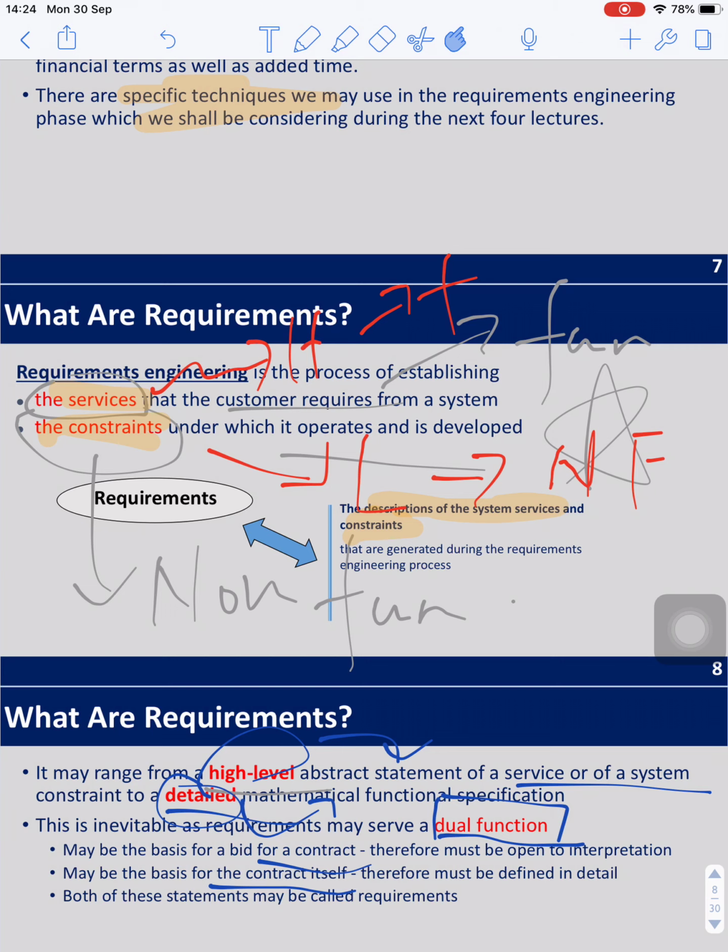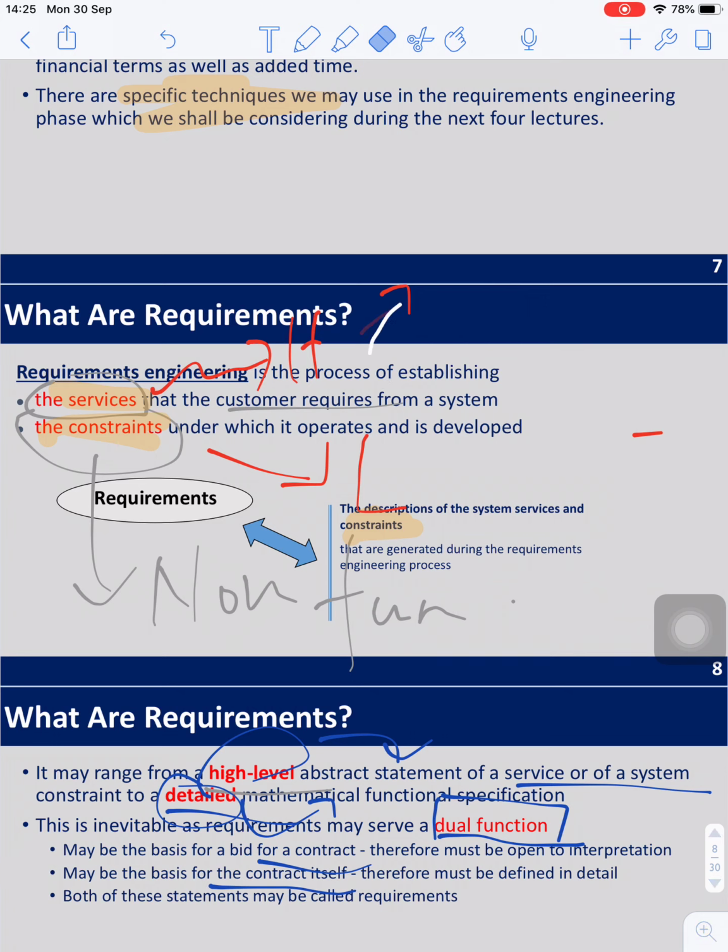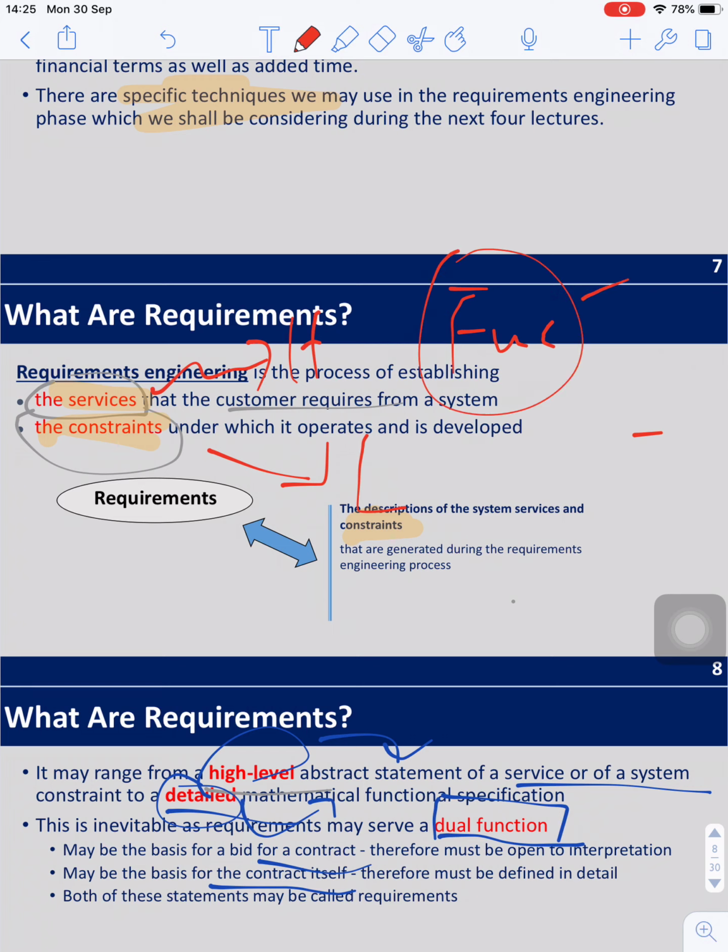The functional requirement can be high level, but it must include detail.